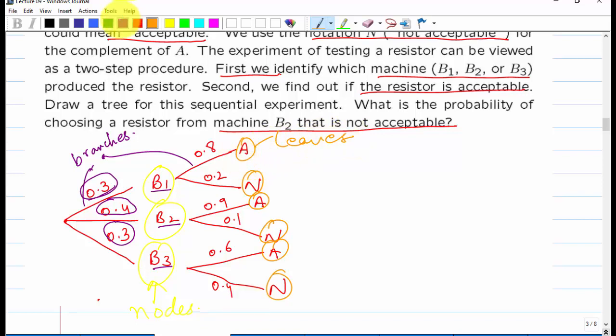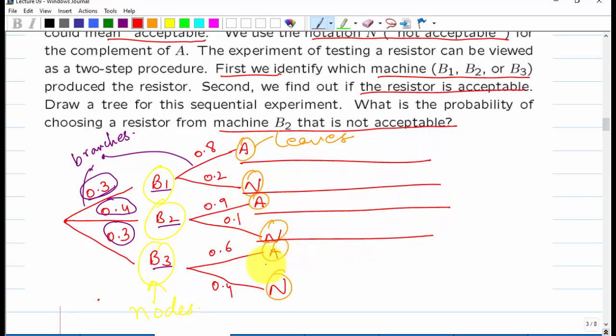Now from here we can write down the probabilities, because these leaves are showing us the entire sequential sub experiment. This will be B1A.